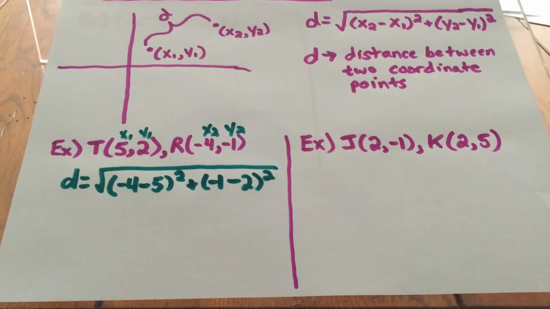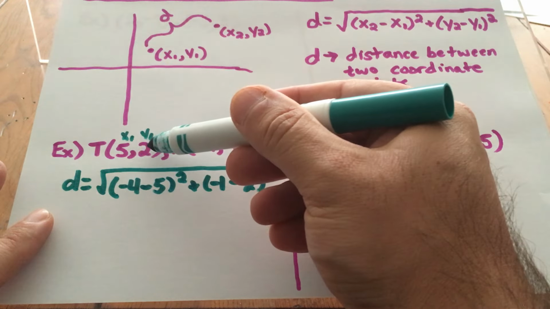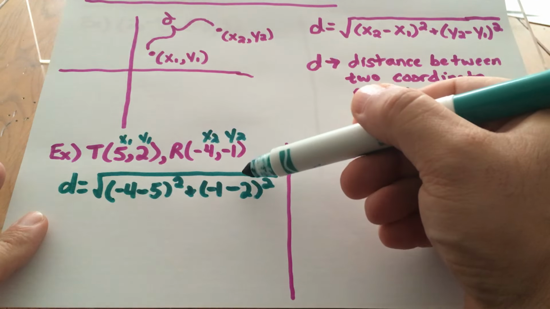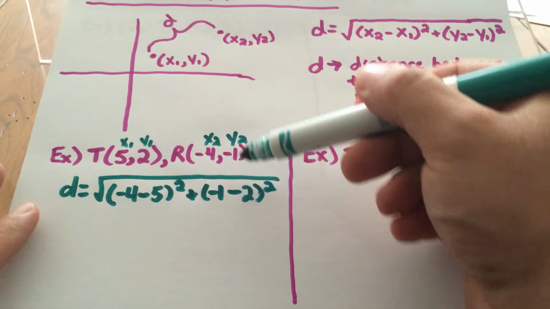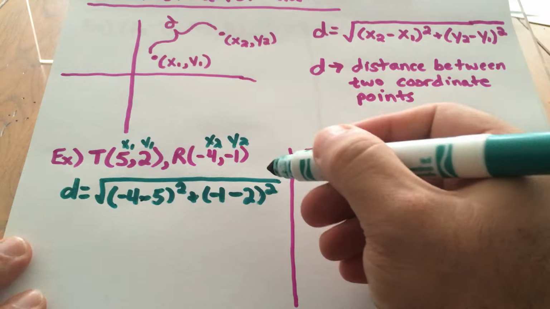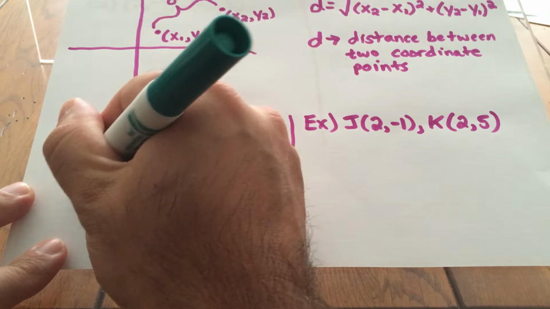And that's all there is to it. You're just taking coordinates and plugging them in. Since this was x1, y1, we put it in that order, and for y1 and y2 we want to do it in the same order that we did x1 and x2.